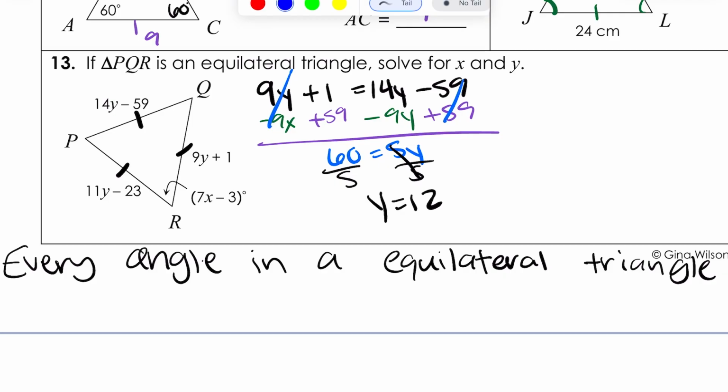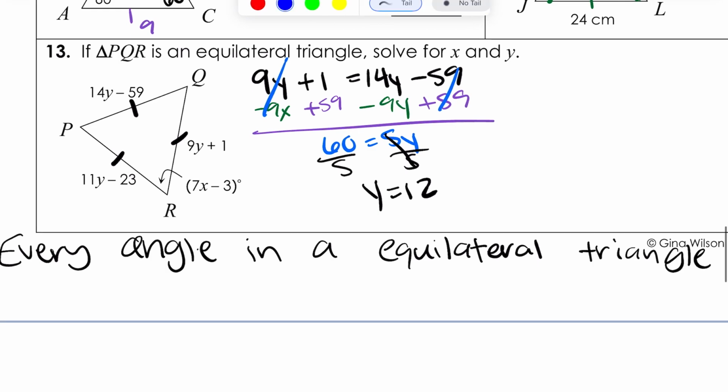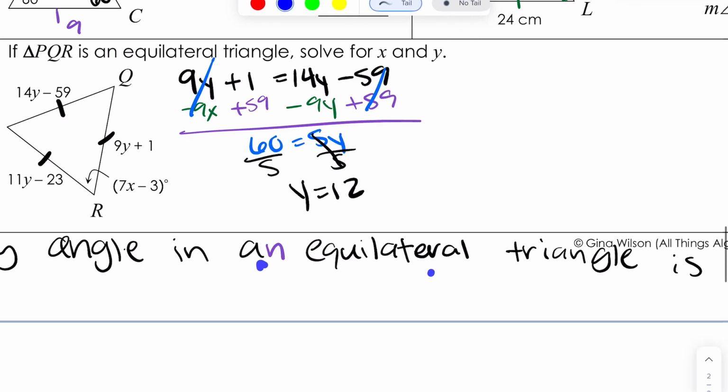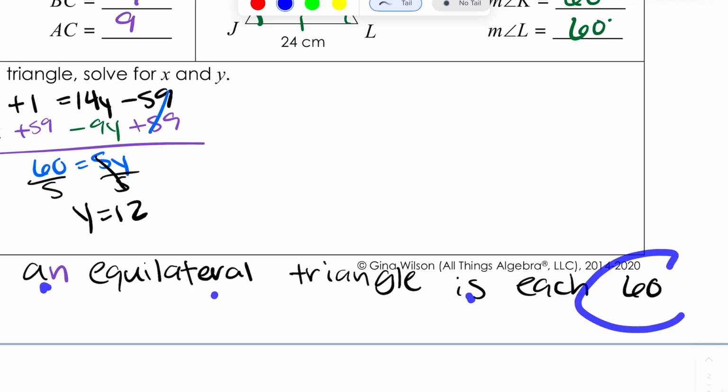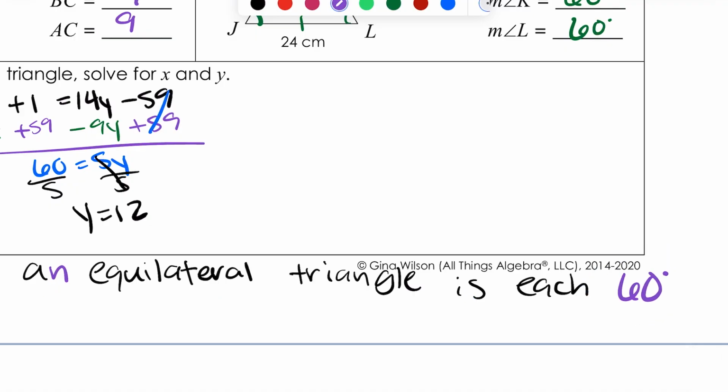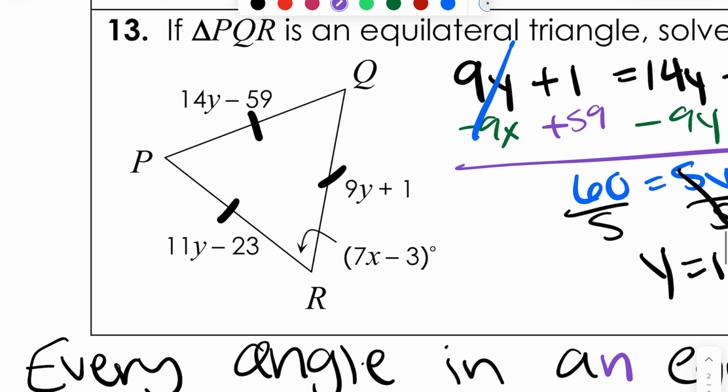But then x is an angle. I know it's an angle because it has a degree symbol. And they don't tell me any of the angles. Well, remember, every angle in an equilateral triangle is each 60 degrees. So therefore, angle P is 60. Angle Q is 60.